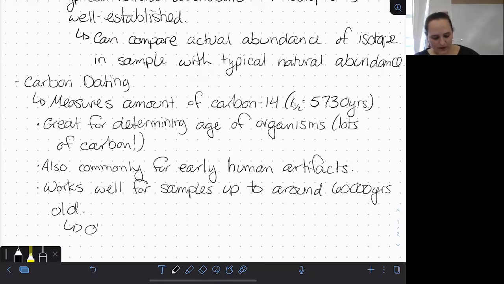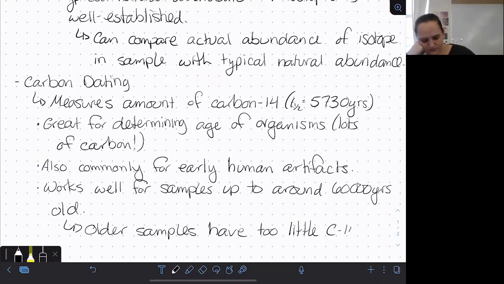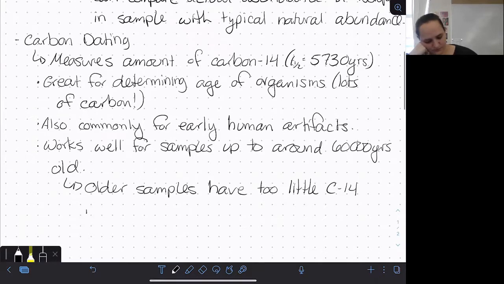Anything older than that is going to have too little carbon-14 remaining to reliably detect and study accurately.